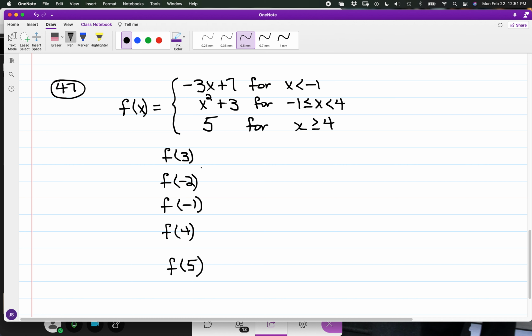And which of these 3 functional sections we use is contingent upon the inequality description. So in the case of f of 3, notice that 3 is between negative 1 and 4.